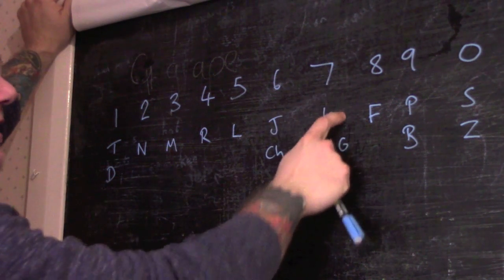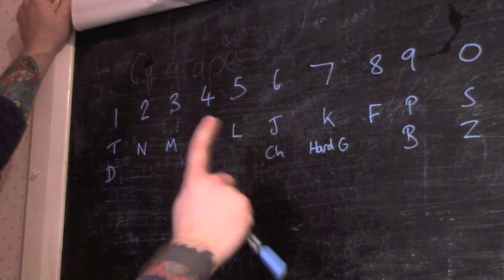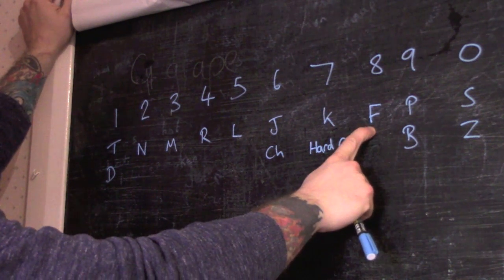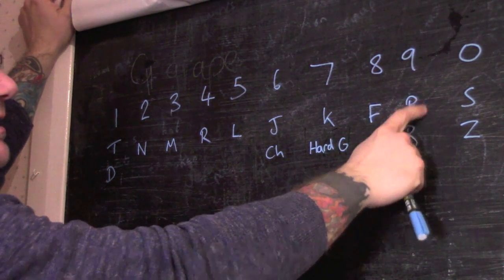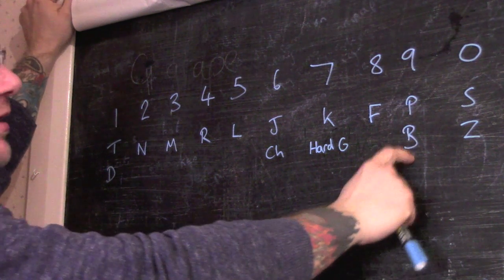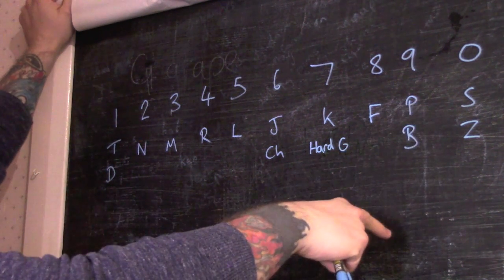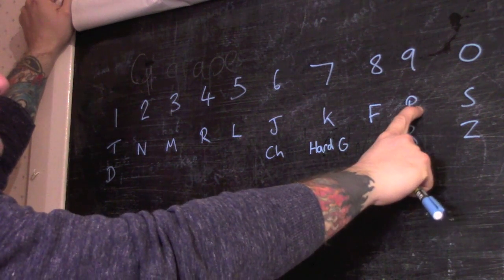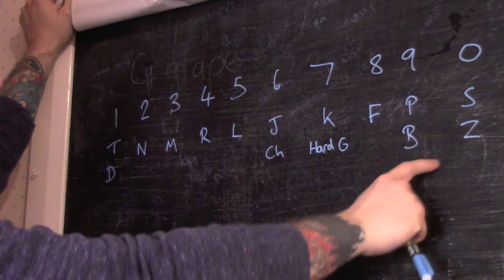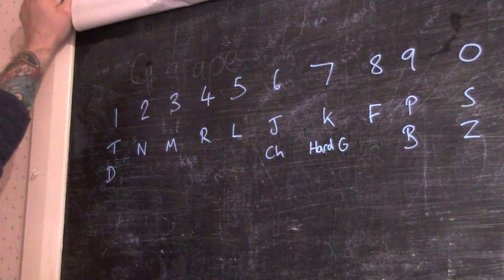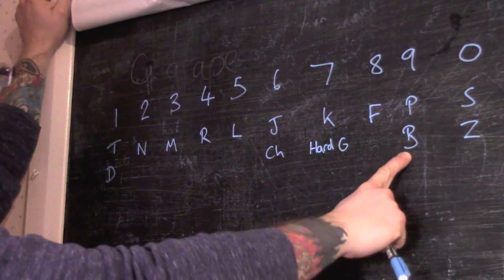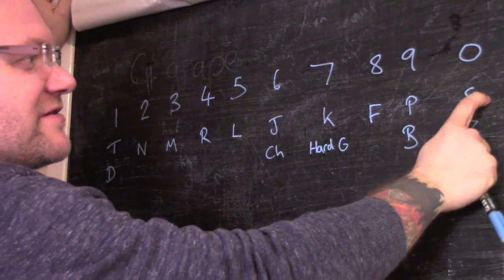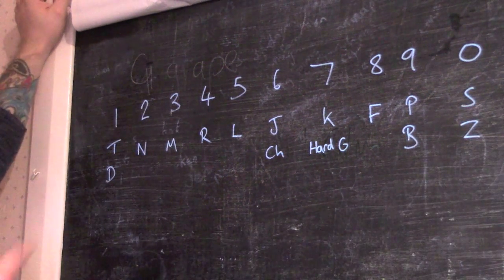7 by K or a hard G as in go, 8 by the letter F, 9 by P or B. So the word "pea", P-E-A, would be represented by 9, and the word "bee" would be 9 as well, and 0 is S or Z, so it's to do with the sound.